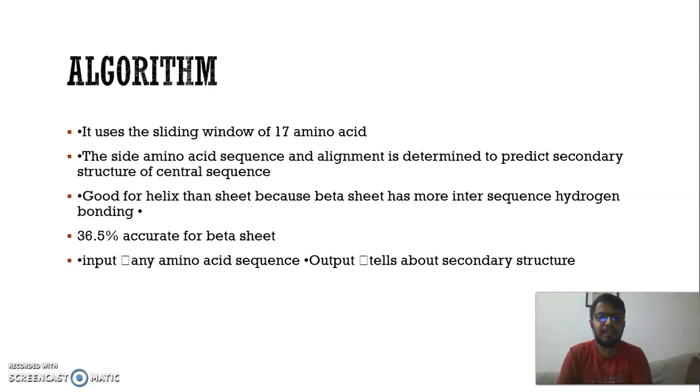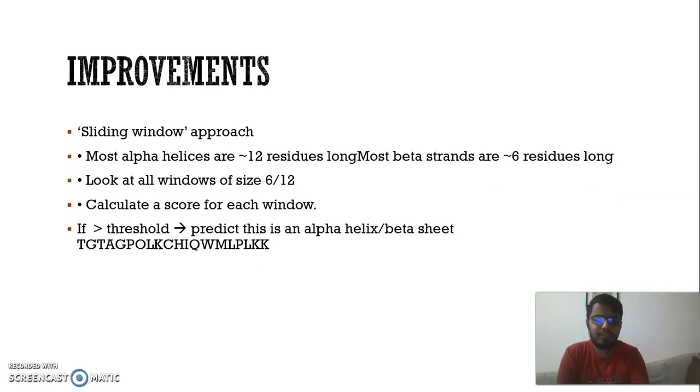It is better for helix than sheet, because beta sheets are more dependent on inter-sequence hydrogen bonding than intra-sequence bonding. It has a 36.5% accuracy for beta sheet, and you input any amino acid sequence and it gives an output which is a secondary structure.